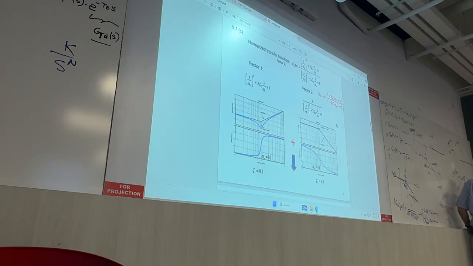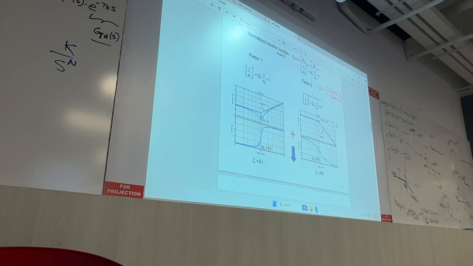So I think you need to check that. One over the damping ratio, just one here. So this one is related to the damping ratio.